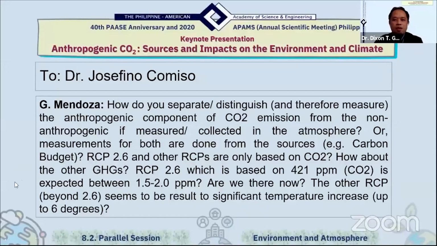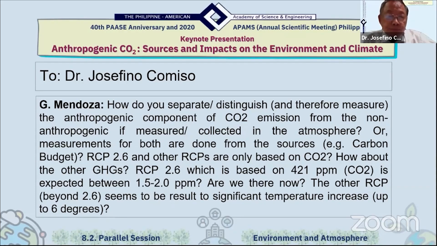There is a natural variability of CO2, and it goes normally from 190 to 290 parts per million. Since the Industrial Revolution, we have been exceeding that regular interval. From 290 to 300, it increases by about 2.5 parts per million. So whatever the increase is can be attributed to the anthropogenic component.